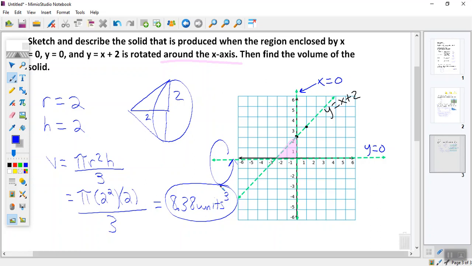So the radius would be 2. The height would have also been what? 2, because this is like a sideways cone. It's not standing up. Put that in your calculator and you get 8 point something. Now my suggestion again, kids, if you're rusty on graphing, go where?